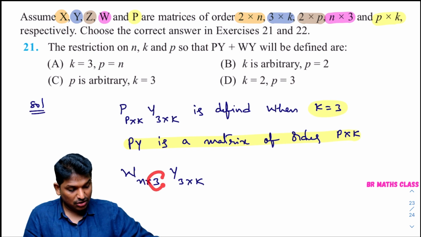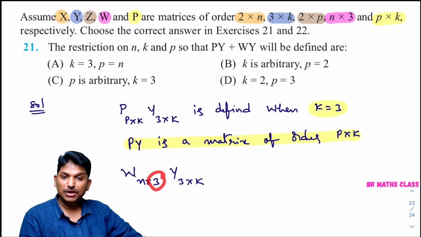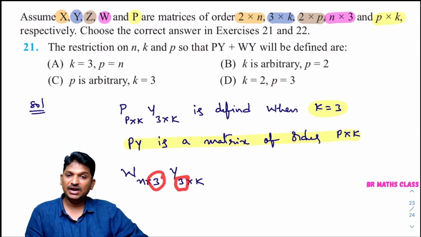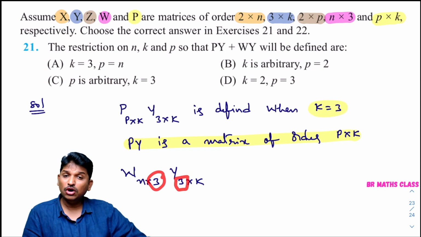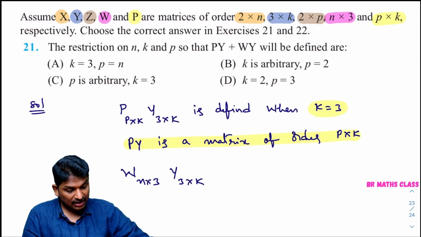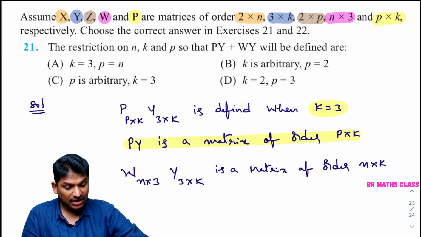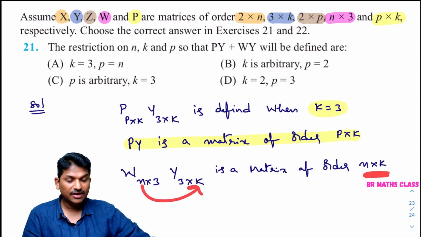Now you see here, the number of columns in W equals the number of rows in Y. So WY is clearly defined, and WY is a matrix of order n by k.